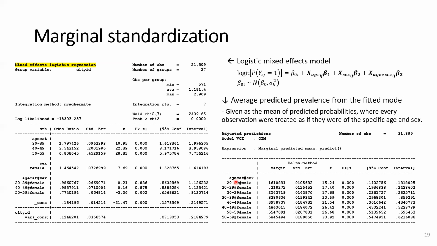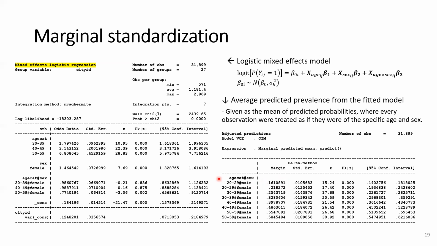Some observations are male from the beginning, but some are female. But we change everything; we change the exposure variable all to male. And then we calculate predicted probabilities, and the average of these probabilities is here.